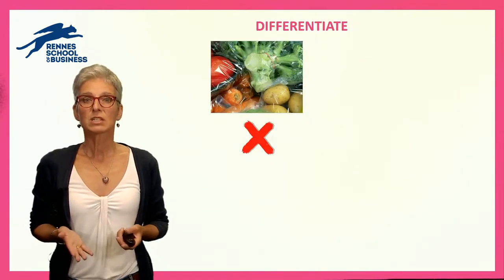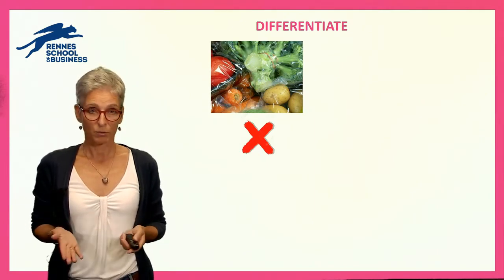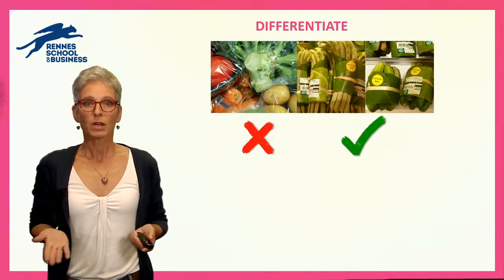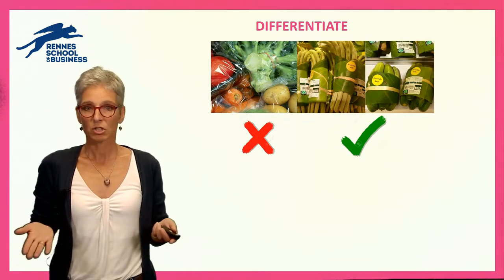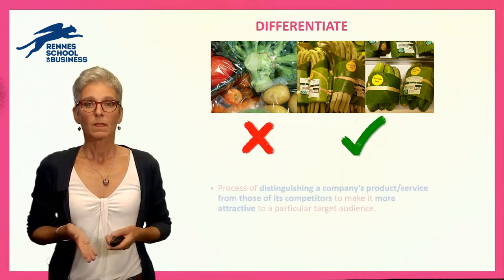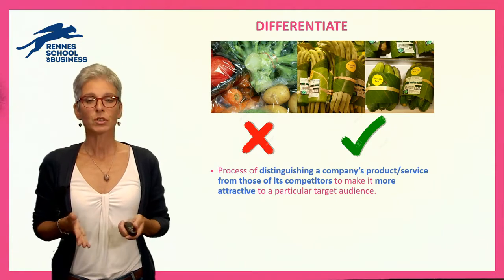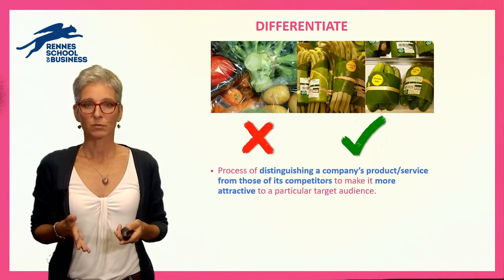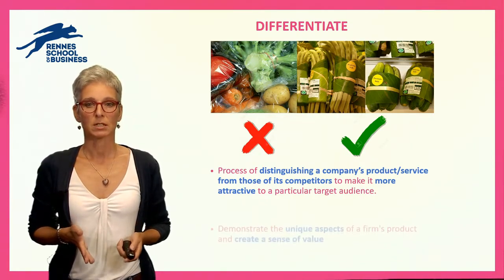Finally, you need to differentiate. That means not doing things like everybody else. Plastic packaging is out. Why not have healthy and eco-friendly packaging such as banana leaves? The process of distinguishing a company's product or service from those of the competitors to make it more attractive to a particular target audience is differentiating.